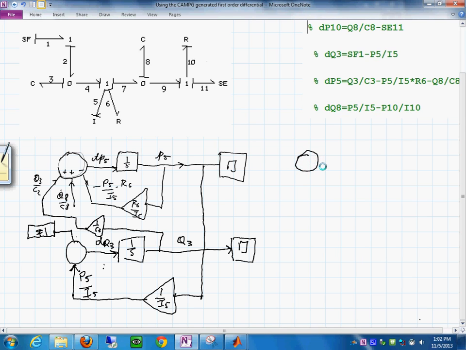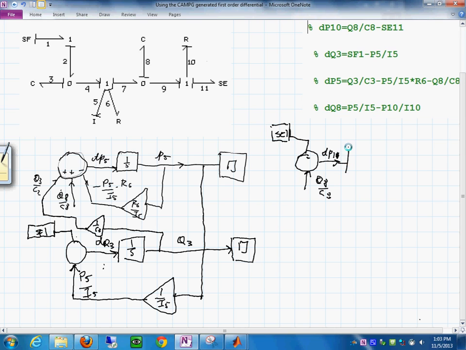This is d p sub 10, and then it has q sub 8, it has E11, and it has a minus sign in here, so you put a minus sign there. This one has a q sub 8 over c sub 8.